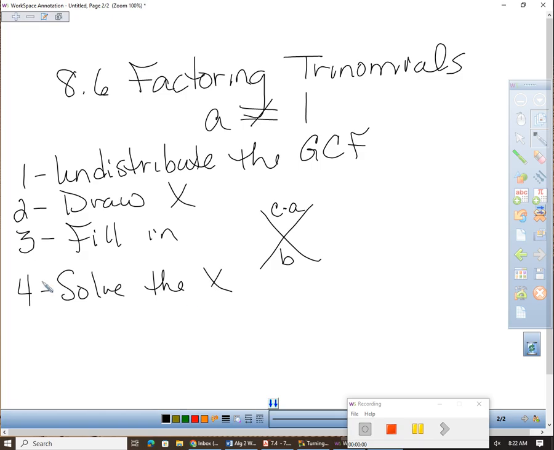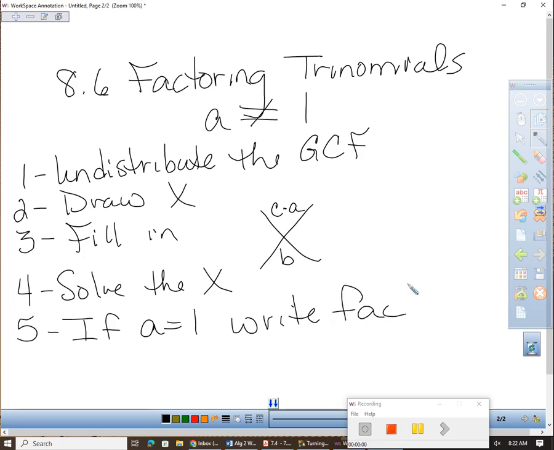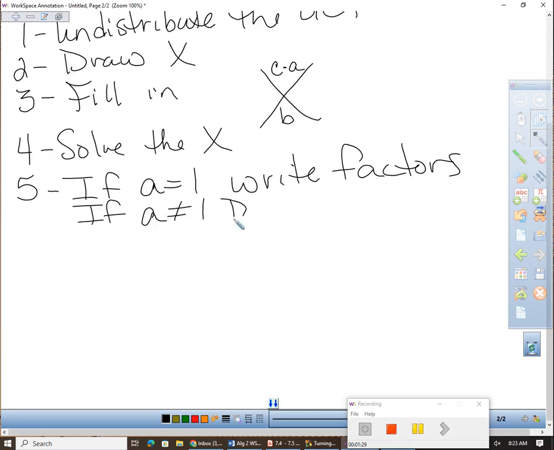So you fill in your sides. Step number 5, if A equals 1, write your factors. This is exactly what we did yesterday. If A does not equal 1, draw a box.